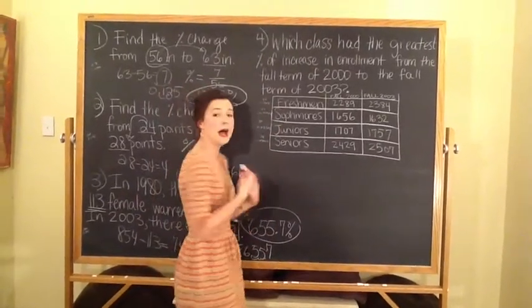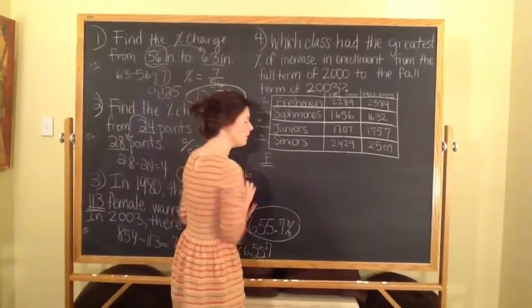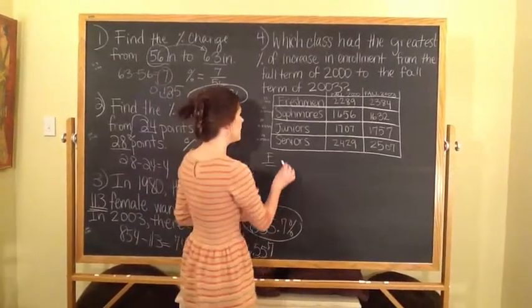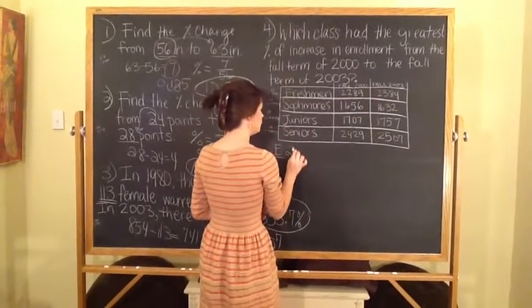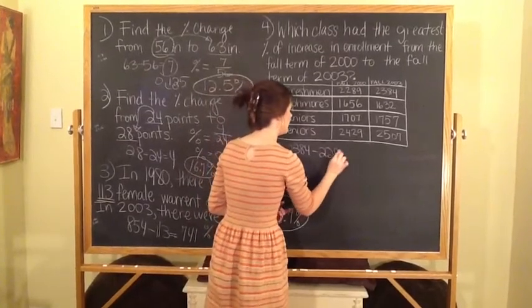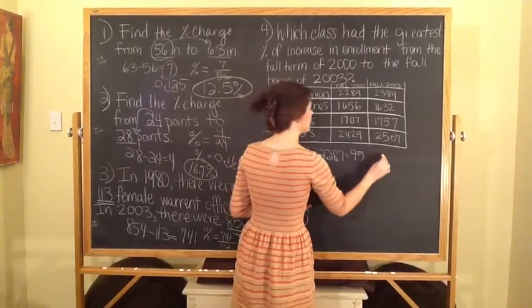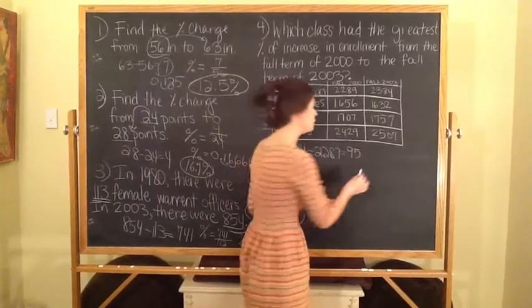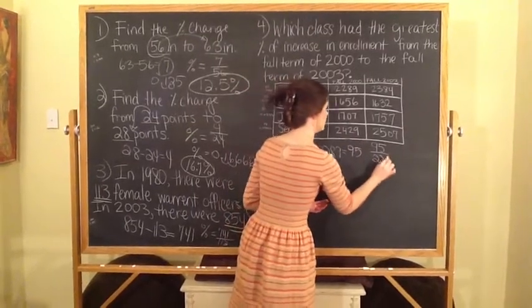So first of all, I'm going to go ahead and organize my information by class. So I'm going to write an F here for freshman, and I'm going to go ahead and do my work. So I'm going to have to subtract the original from the new. So we have 2384 minus 2289, which we're going to get 95. And then we're going to put that change, so 95 over the original, which is 2289.